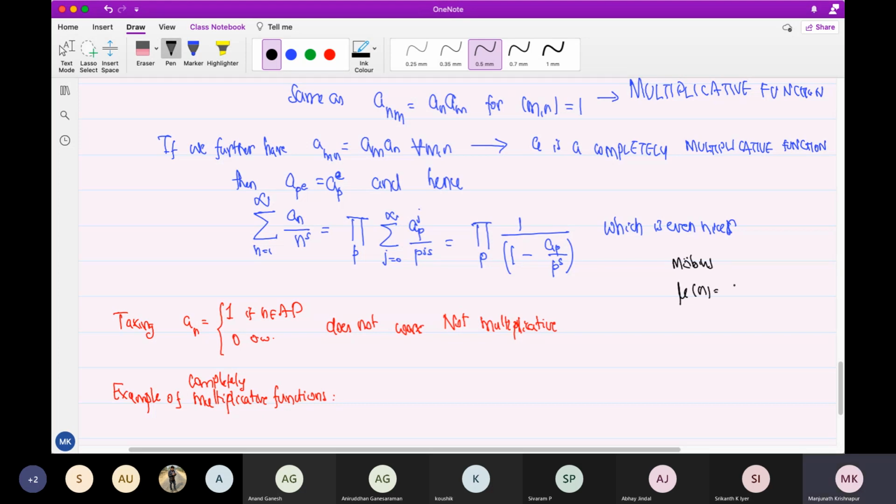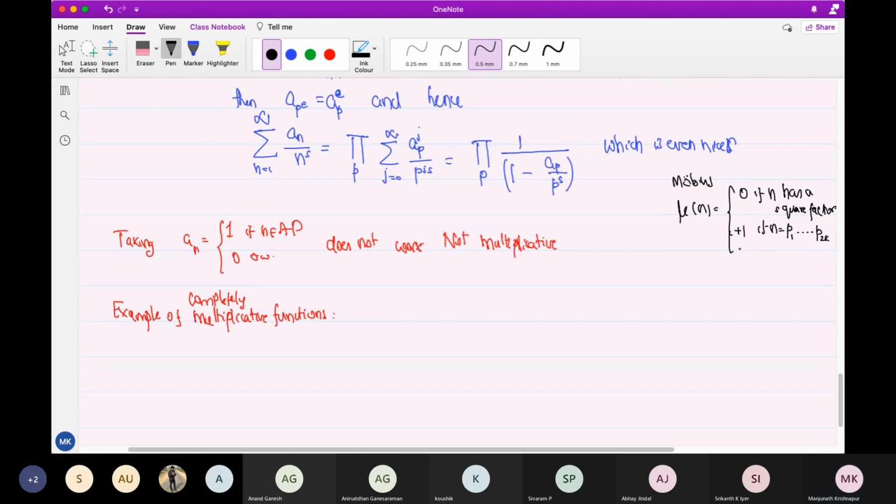It is defined as mu of n is 0 if n has a square factor, and otherwise it is a product of distinct primes. So the number of those may be even or odd.